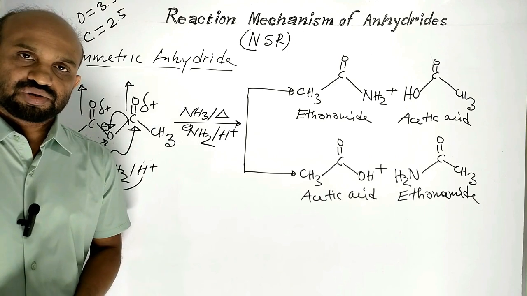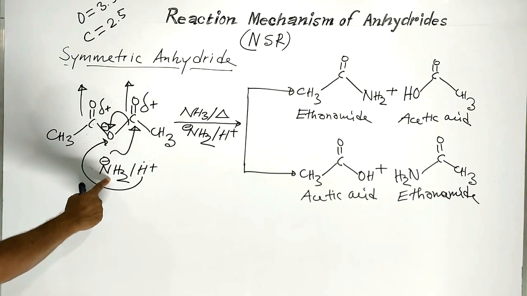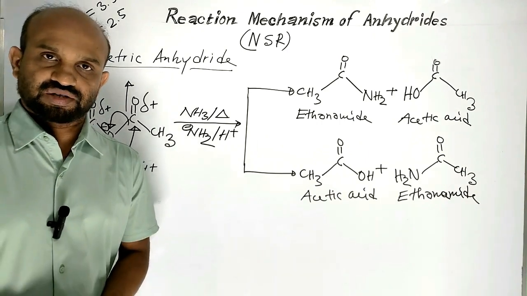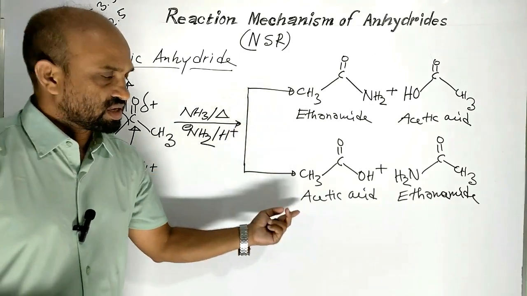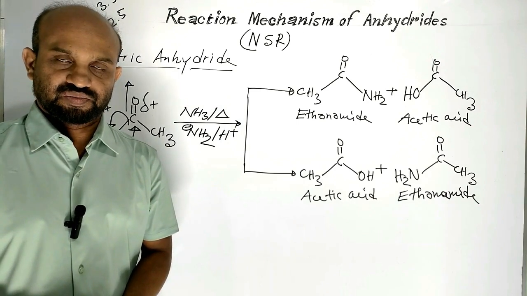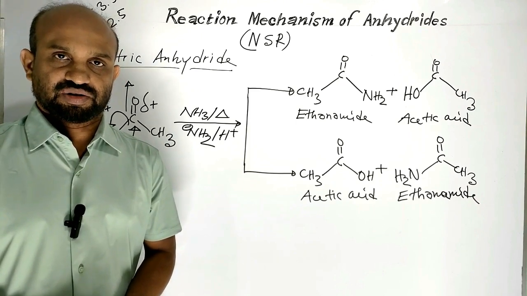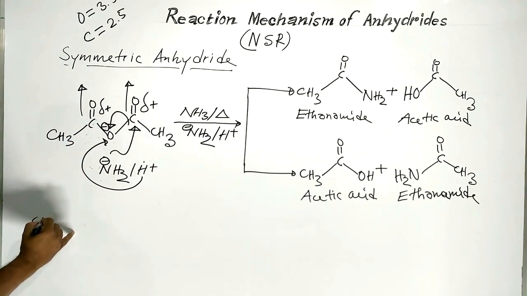Both the carbon atoms are attacked by nucleophile in a same fashion, same pattern. That is why we are getting same type of products. Now let us see reaction mechanism of symmetric anhydride. Let us write this anhydride, symmetric anhydride.